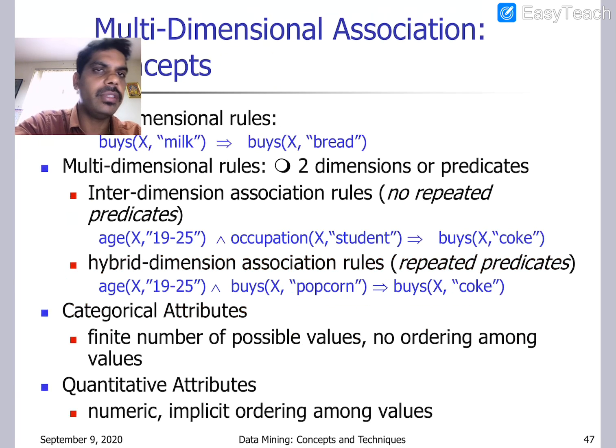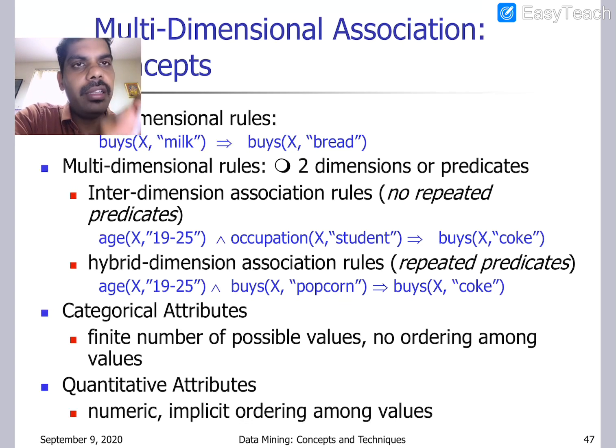Mining multi-dimensional association. What we discussed earlier, multi-level, is the same attribute given with different levels, just like vehicle, Maruti. Here we see buys X milk, buys X bread.